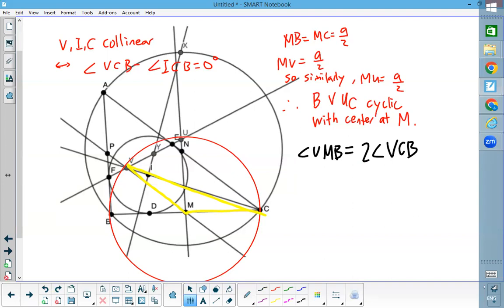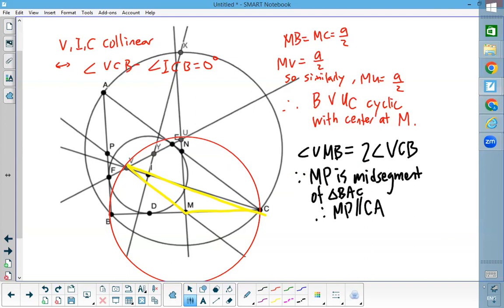But also notice that because we know that MP is a mid-segment of triangle BAC, we have MP parallel to CA.